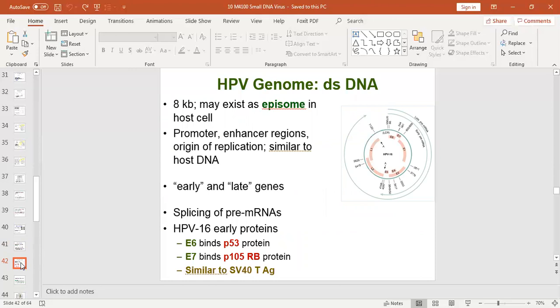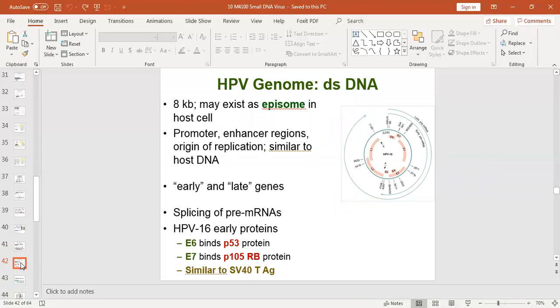Moving to slide 42, the HPV genome is double-stranded DNA. This 8 kilobase genome can exist as an episome in the host cell.